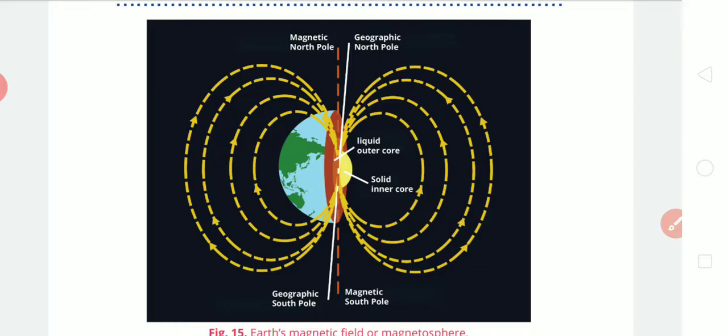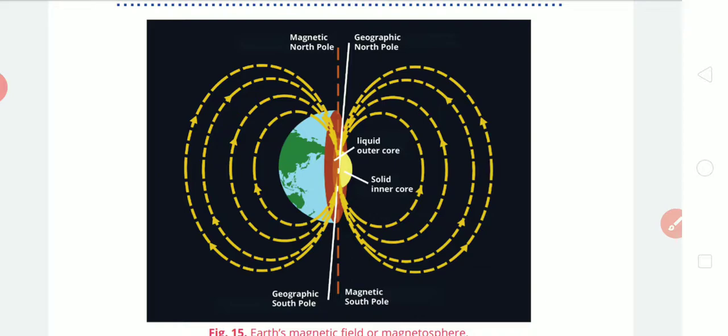But, actually, there are two divisions of magnetic fields considering the type of references nga ginagamit. So, it could either be nga geographic North Pole ang gamiton, and kauban niya si geographic South Pole. Tapos, meron din tayong tinatawag na magnetic North Pole and magnetic South Pole.